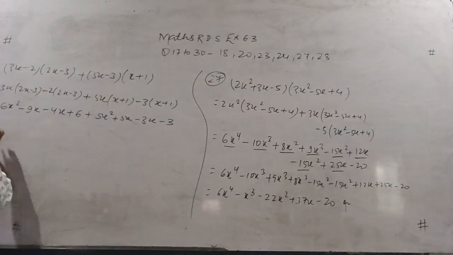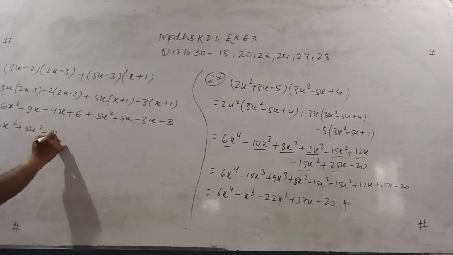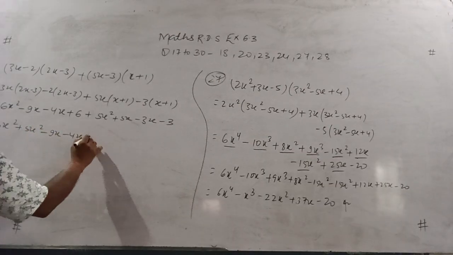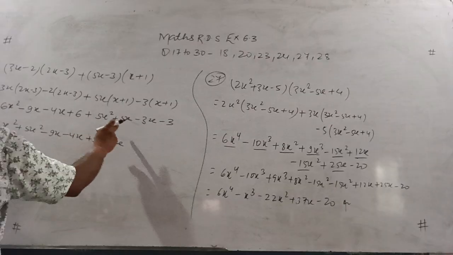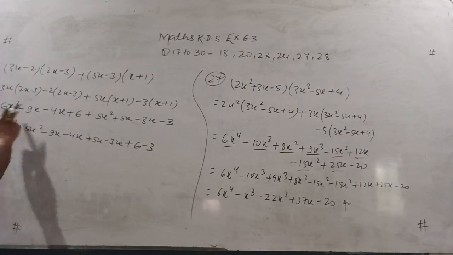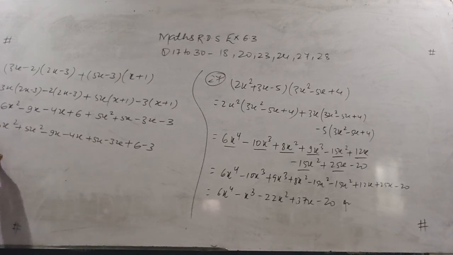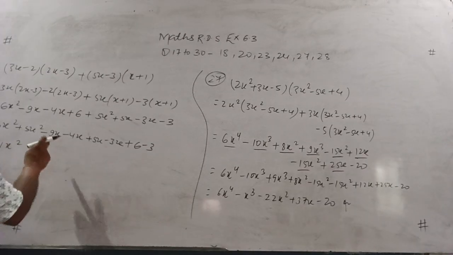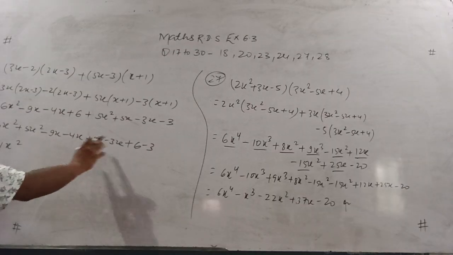This is equal to 6x square plus 5x square, which is 11x square, and minus 9x minus 4x plus 5x minus 3x is minus 11x, and plus 6 minus 3 is 3.